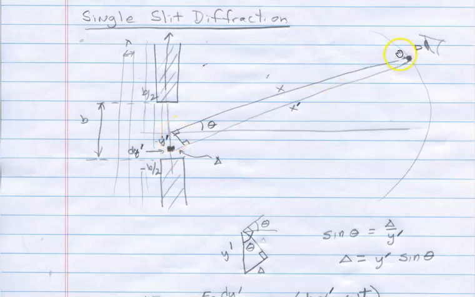By the time they get to the detector, I want this distance x to be far enough away so that they start off as spherical waves, but by the time they get here, they're plane waves. And that's the other half of Fraunhofer diffraction patterns: one assumes that not only the source is a long distance away from the slit, but also the detector is a long distance away, in the sense that it's many wavelengths away.